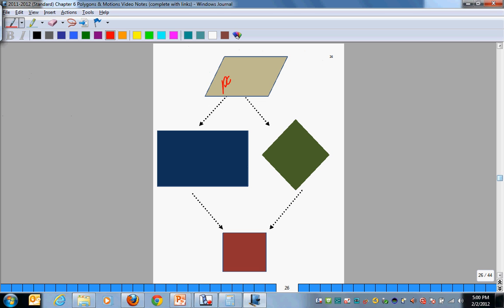So here you have a parallelogram, a rectangle, and a rhombus, which are also parallelograms. And then a square is a rectangle and a rhombus combined. So that shows the family relationship or the family qualities of these four quads.